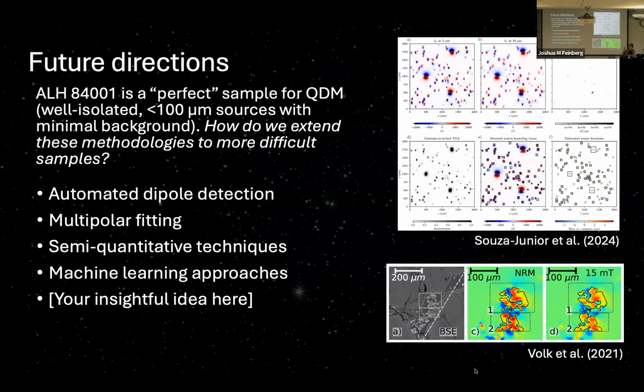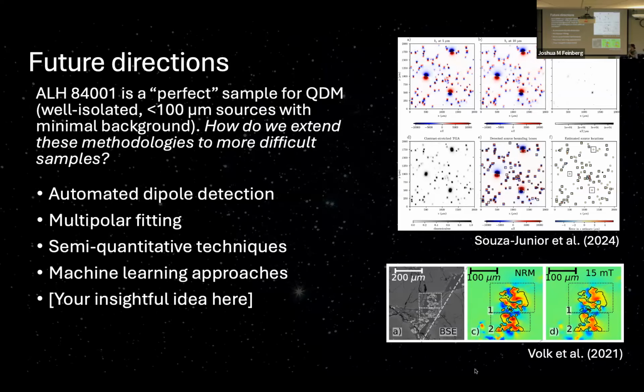So for instance, like that large sulfide in Cumberland Falls, we don't really have good ways to quantify magnetization in those complicated things, and also stuff where you have very complicated backgrounds. But there's been a lot of work in this space, and I think it'll be really cool to see how the field develops to be able to learn about really different samples.